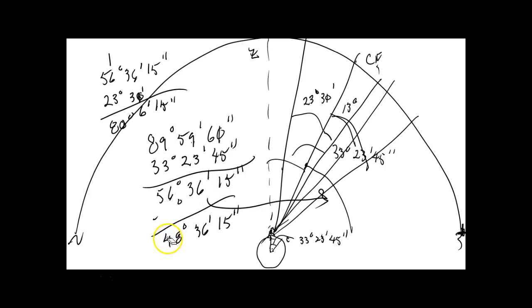Subtracting 23 degrees, 30 minutes. The 15 seconds comes down. What happens here? 6 minutes. Second? 33. 33 degrees, 6 minutes.